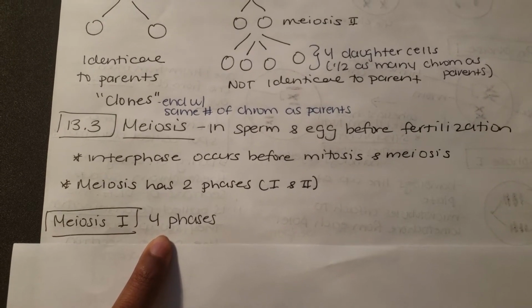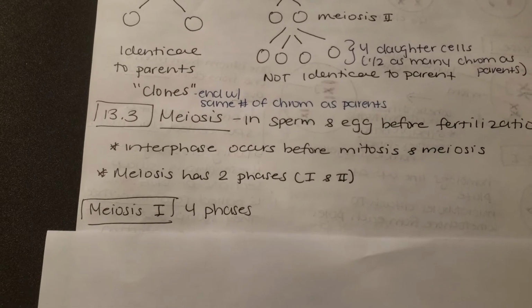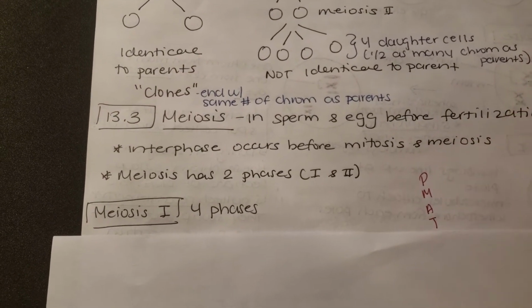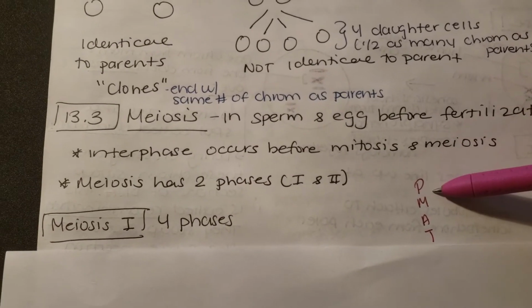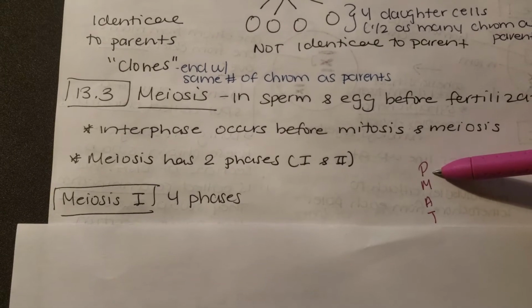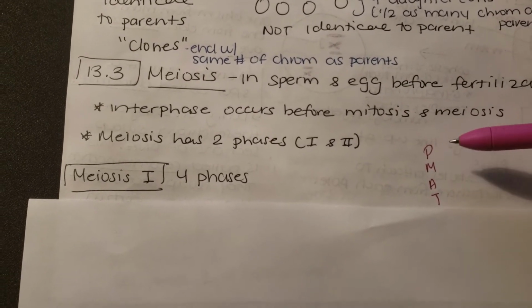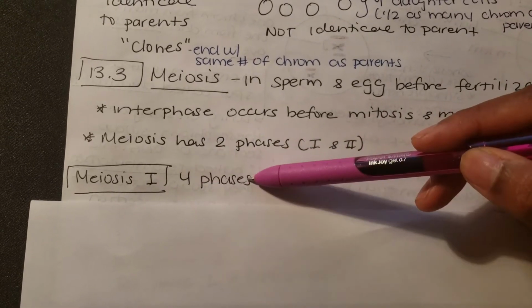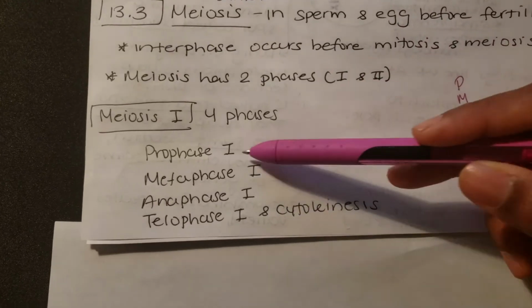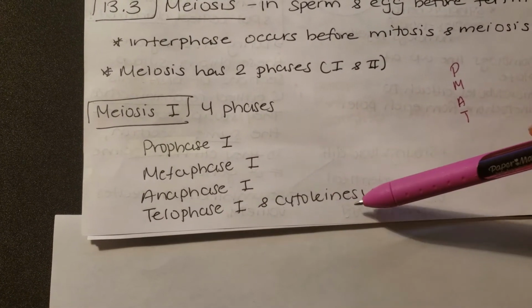If you remember the acronym that I used, PMAT, you can also use the same thing when we talk about meiosis 1 and meiosis 2, but we'll talk about what you can use to differentiate between the first phase and the second phase. So meiosis 1 has 4 phases, and these are the phases. You have prophase 1, metaphase 1, anaphase 1, telophase 1, and then cytokinesis.